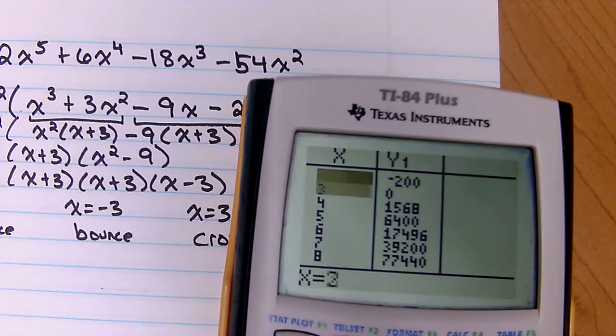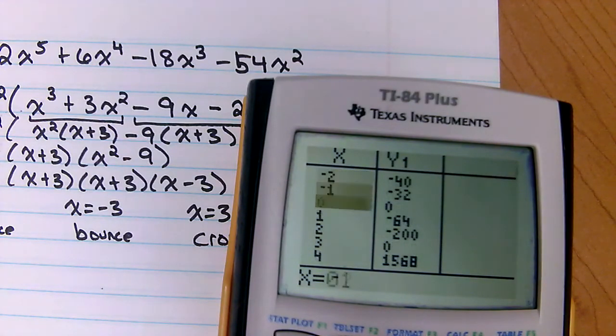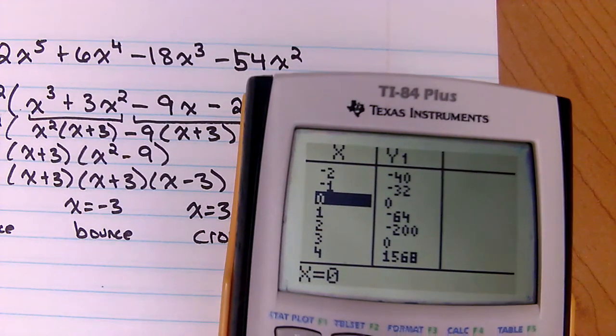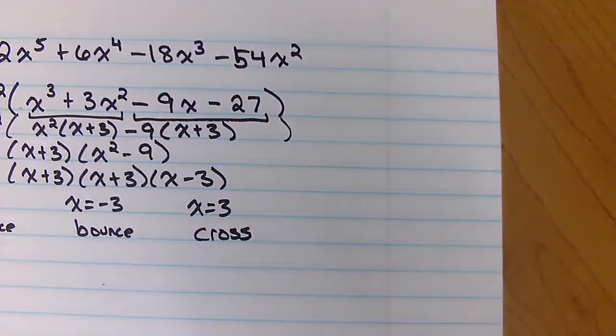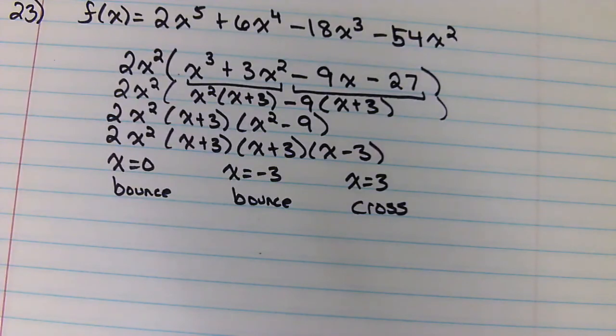Notice that at 3, I go from a positive y value to a negative y value, so it's got to cross. At 0, it is an x-intercept. My y value is 0, but it goes from a negative back to a negative, so it bounced. Same thing at -3. So yes, I could have gotten all that information from the calculator as well.